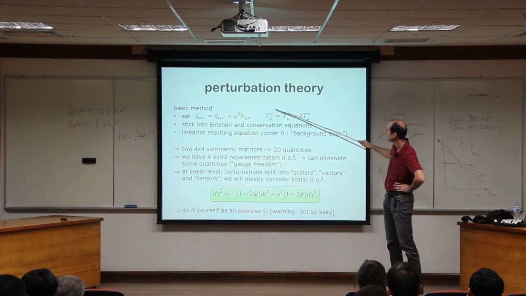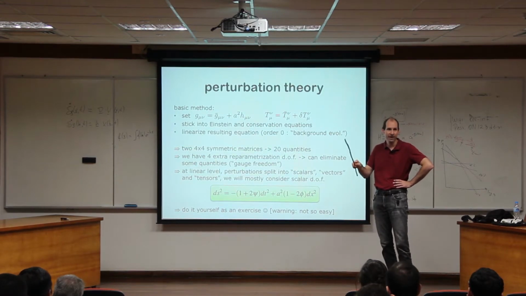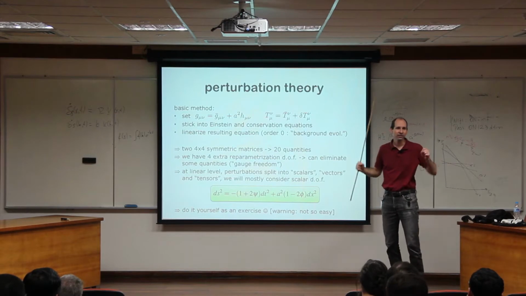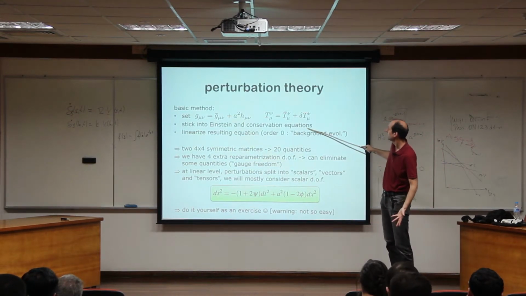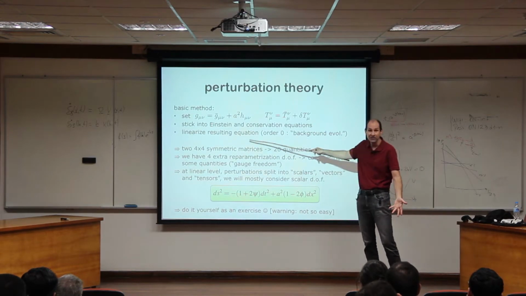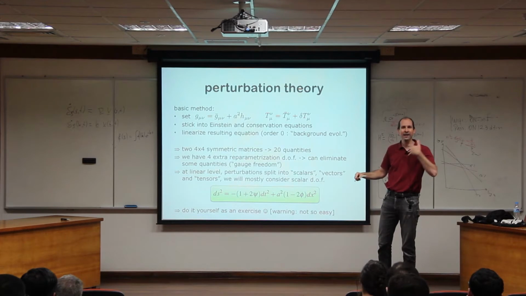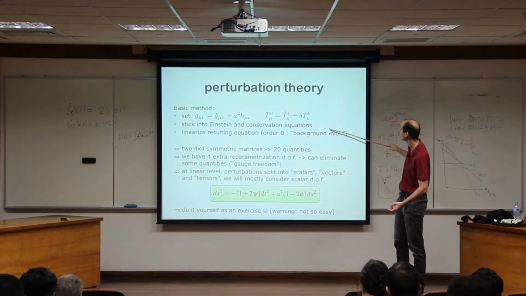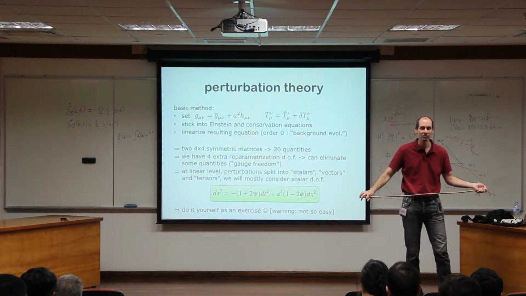Our energy-momentum tensor is the background tensor, the one that's diagonal with rho, minus p, minus p, minus p, plus some perturbation. And then we stick this into the Einstein equations, and we linearize the equation. Actually, the order 0 gives us back exactly the background equations that you already have, and the linear part gives us the linear perturbation equation. Okay, so that's in principle easy.